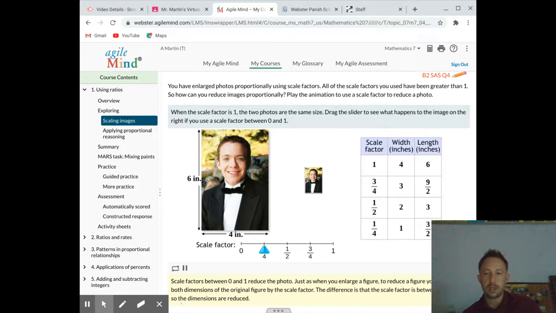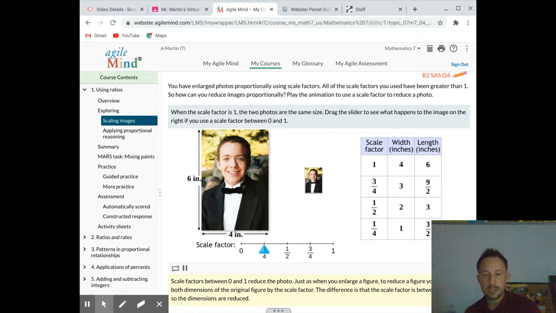If we enlarge an image, what does the scale factor have to be? Does it have to be bigger than 1 or smaller than 1? Bigger. Yeah, it has to be bigger. Good deal.